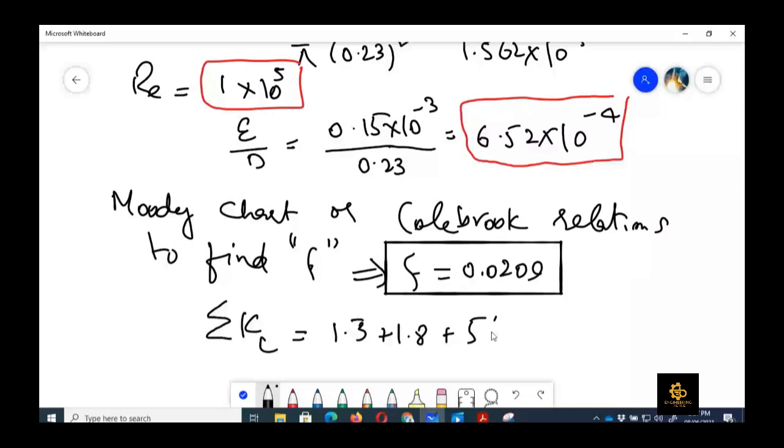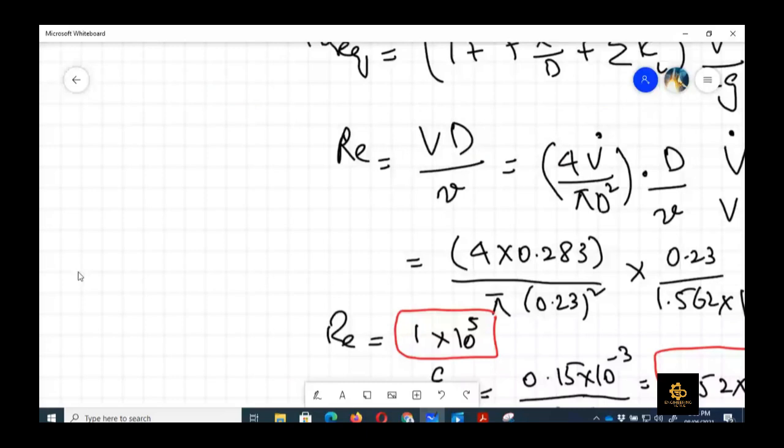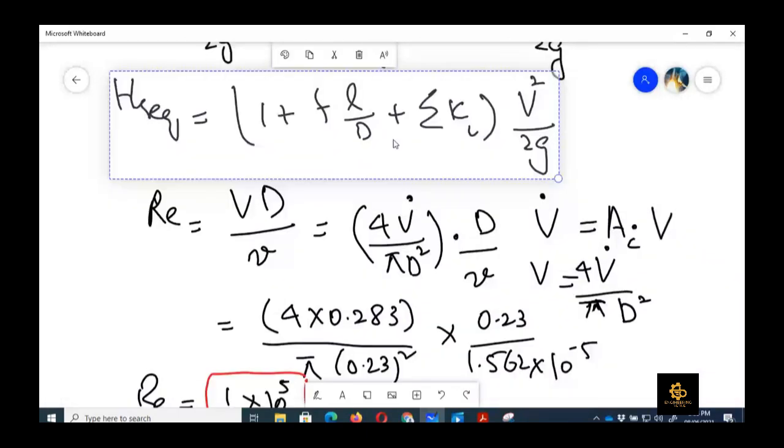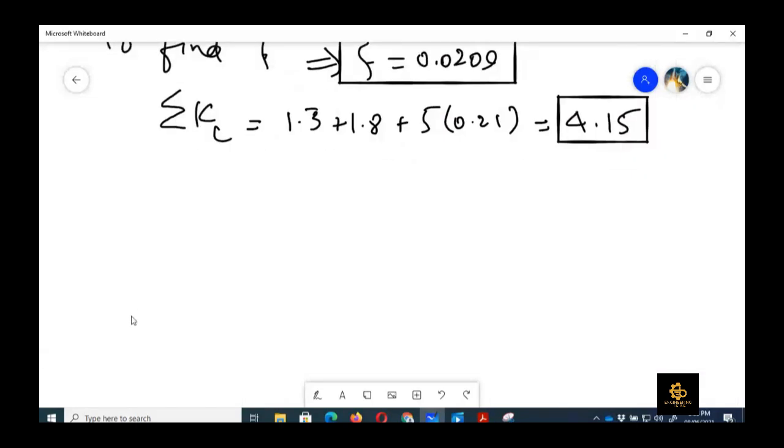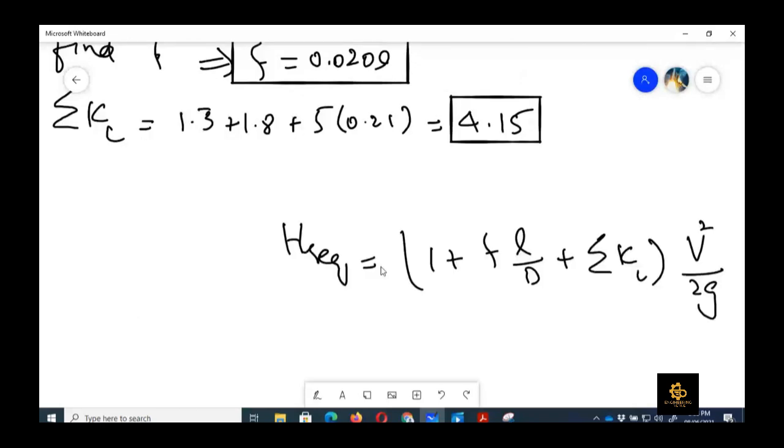Now, if you see in this, at required one, we copy it and then paste it here. Now we have calculated the friction factor.